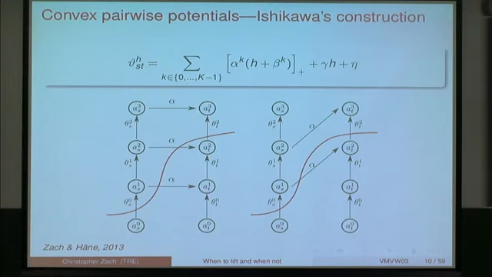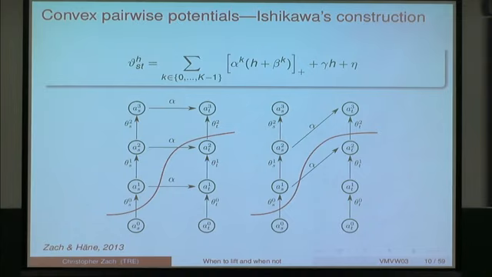The left one is able to model what we call L1-type or total variation type interactions. The right model allows you to use more general convex functions, so you basically shift these edges to higher labels.